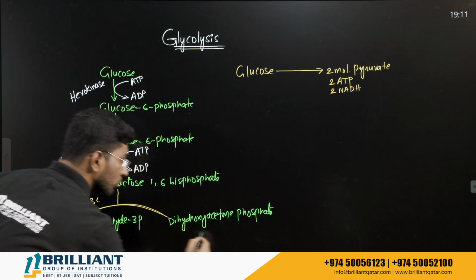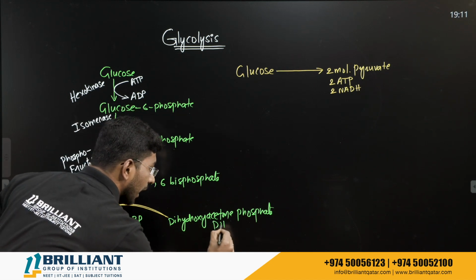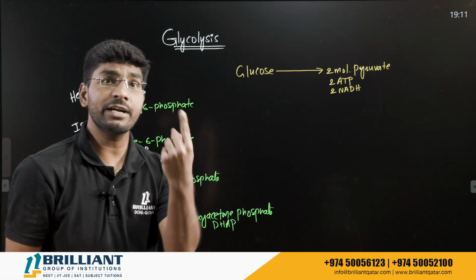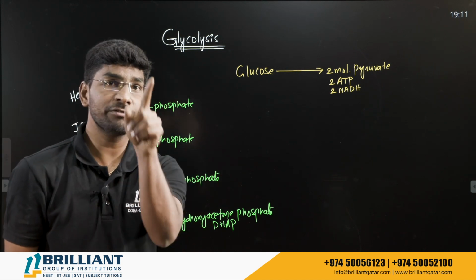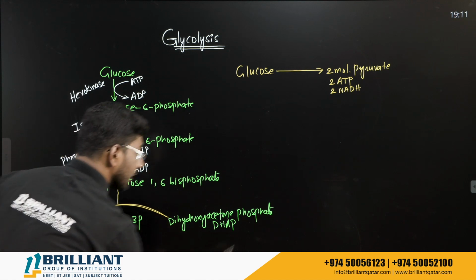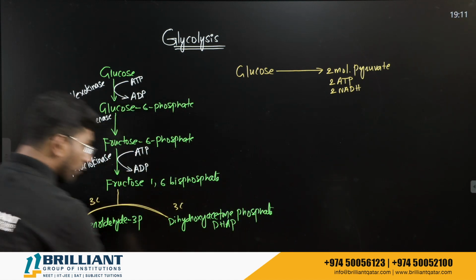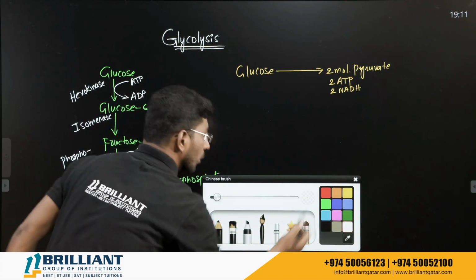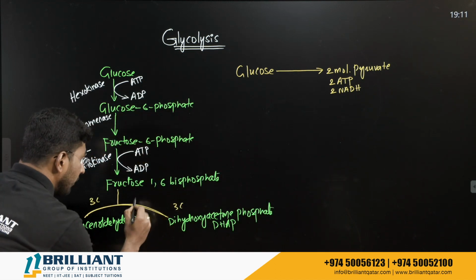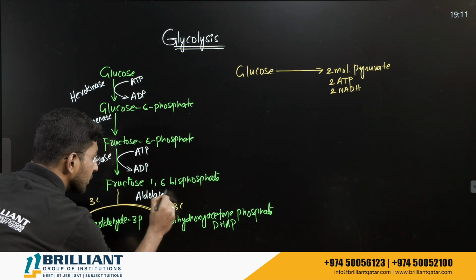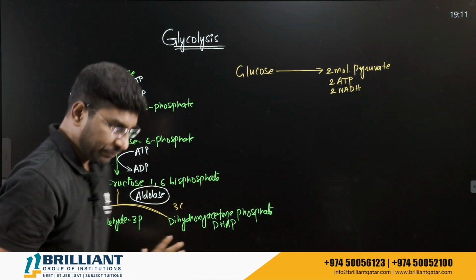You got my point? This is also known as DHAP, also a 3 carbon compound with 1 phosphate. This happens in the presence of an enzyme called aldolase. Which enzyme? Aldolase enzyme.